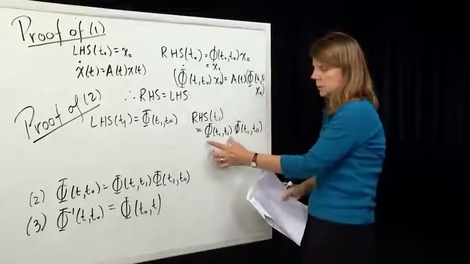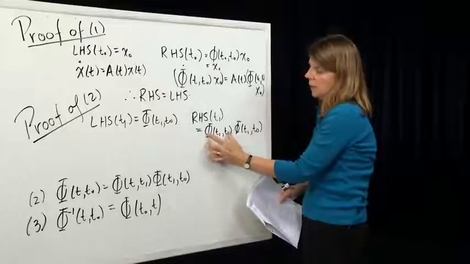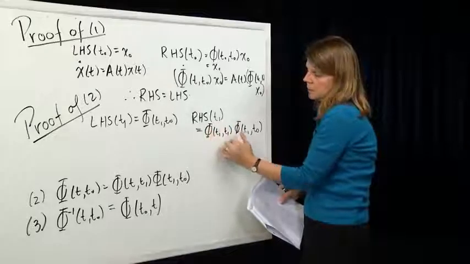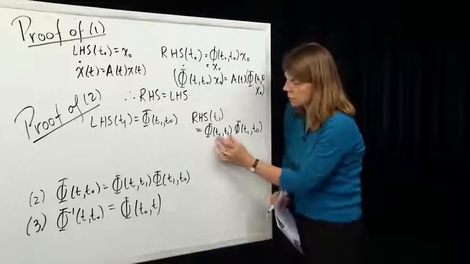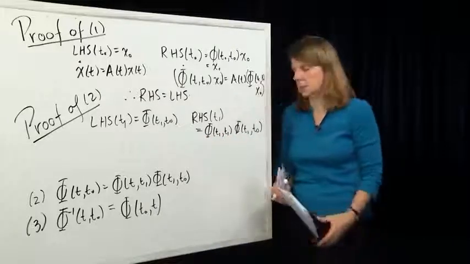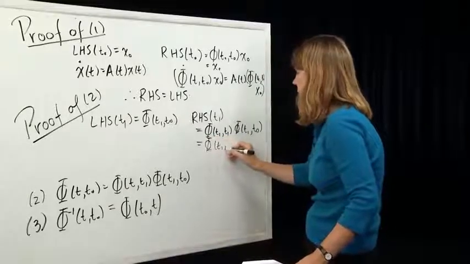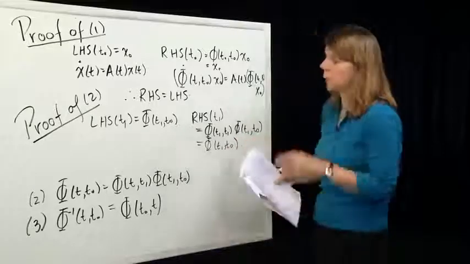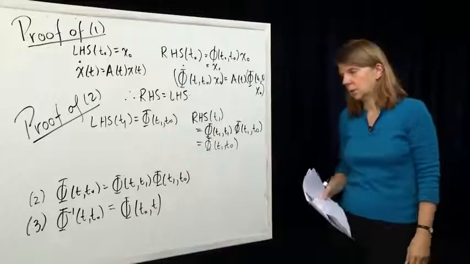And this is equal to the identity by definition. It's not t0 comma t0, but in fact, as we said, the initial condition could be any given time. And so just as long as these two time points match, then that matrix is equal to the identity. Okay, so that's just phi of t1 comma t0. So the functions are equal to each other at time t1, so there exists a point in time at which the functions are equal to each other.